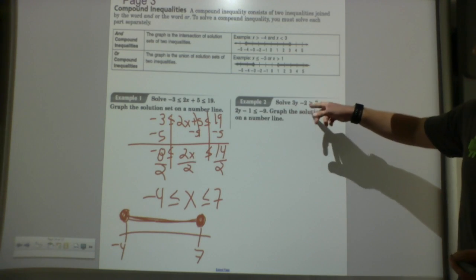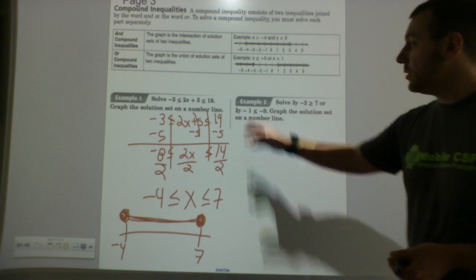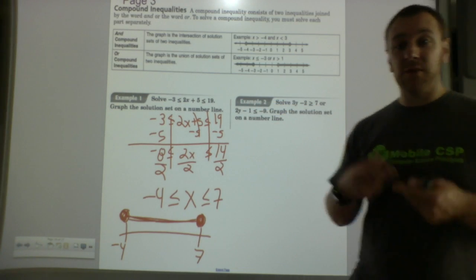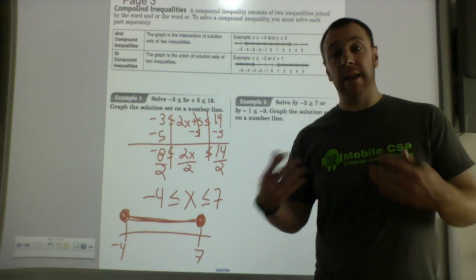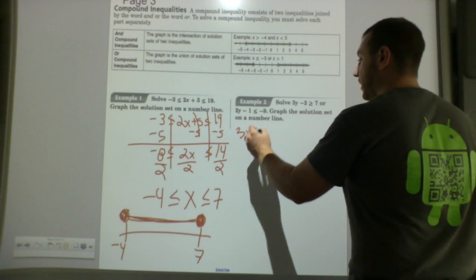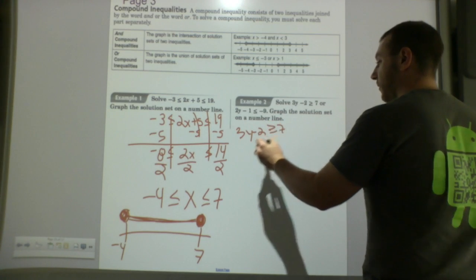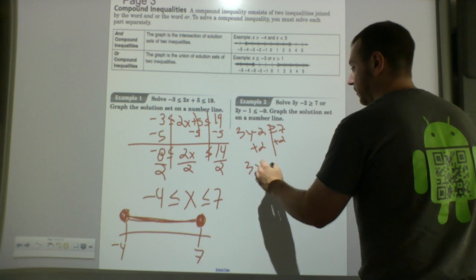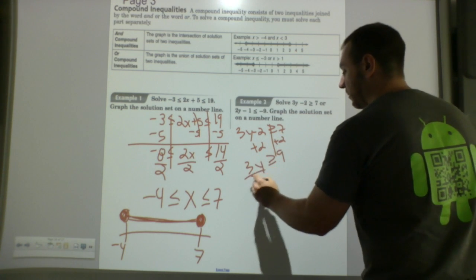3y minus 2 is greater than 7, or 2y minus 1 is less than or equal to negative 9. That means I've got to solve two different equations and then graph them on the same number line. So if I solve the 3y minus 2 is greater than 7 first, again I'm going to add 2, then divide by 3.